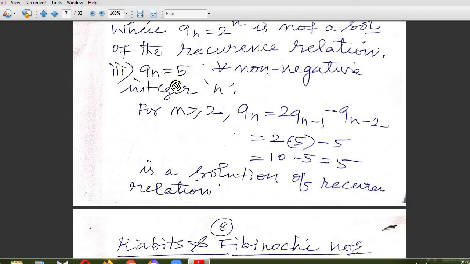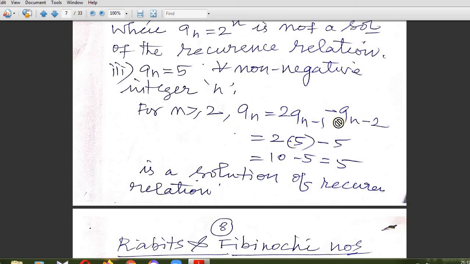This a_n is a constant, whatever n may be, n-1, n-2, n-3, whatever may be n, the value is 5. So a_n equals 2 into 5 minus a_{n-2}, which is also 5. So 2 into 5, 10, minus 5 equals 5. So what we see here is that a_n equals 5.